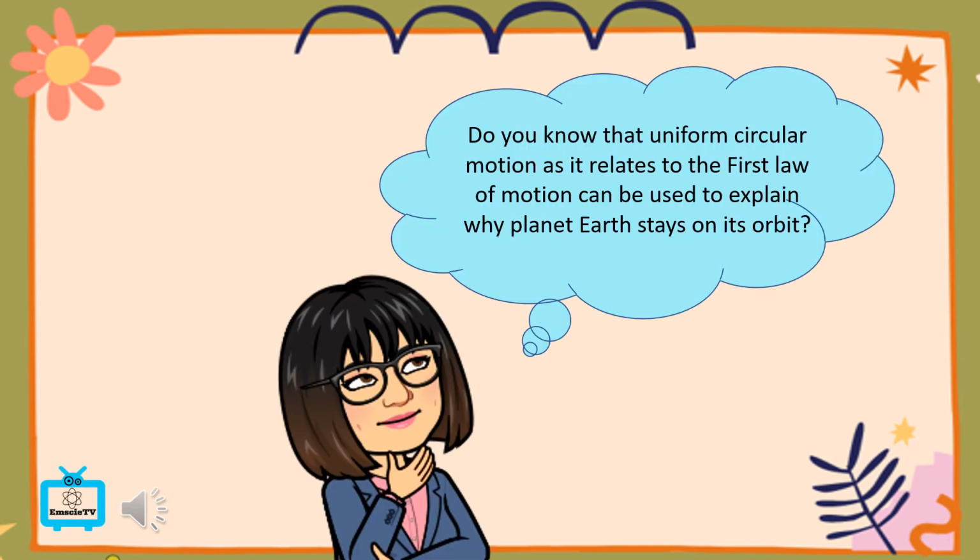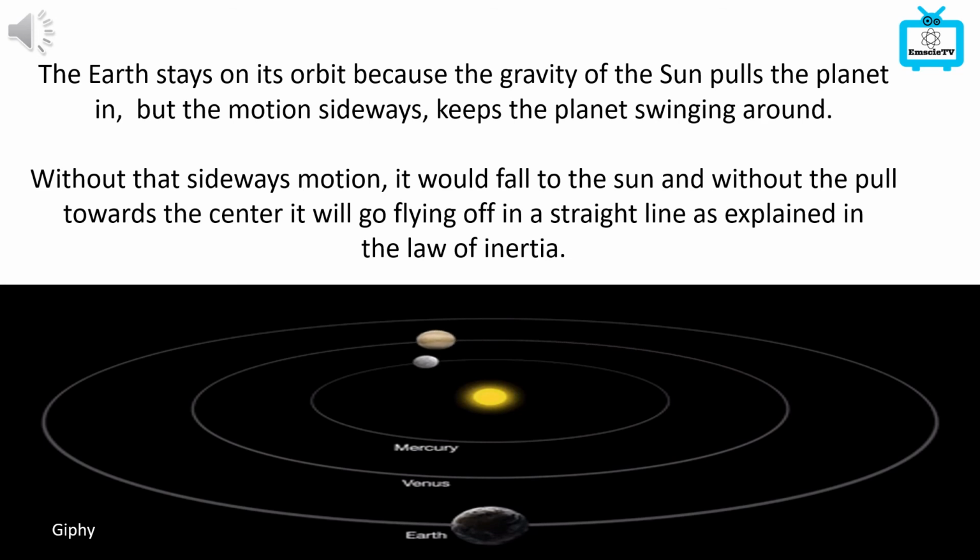Do you know that uniform circular motion, as it relates to the first law of motion, can be used to explain why planet Earth stays on its orbit? The Earth stays on its orbit because the gravity of the Sun pulls the planet in.